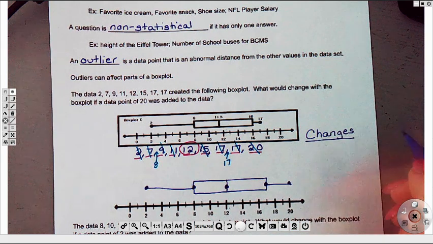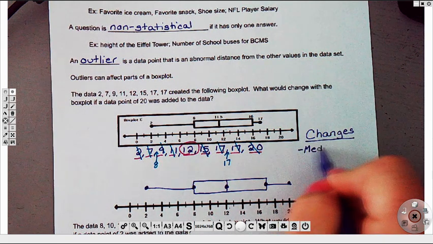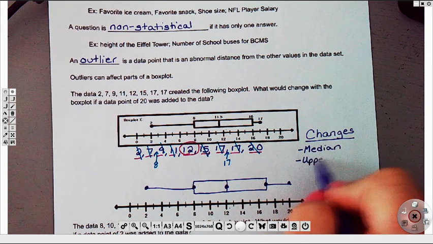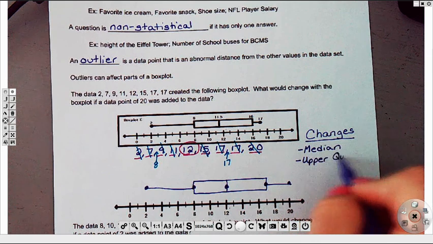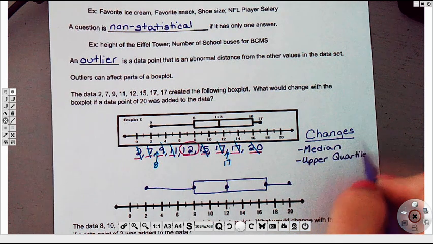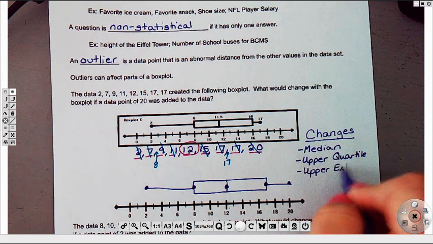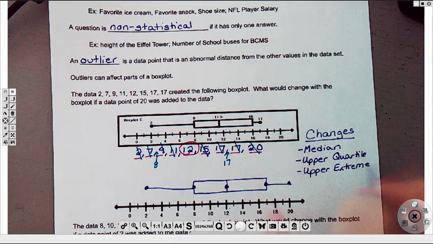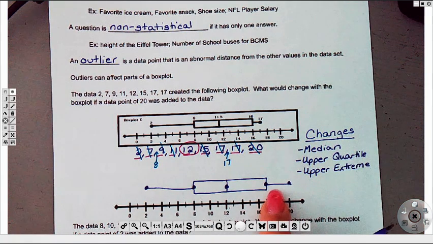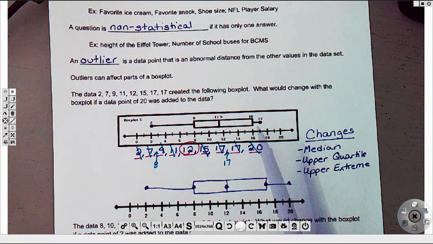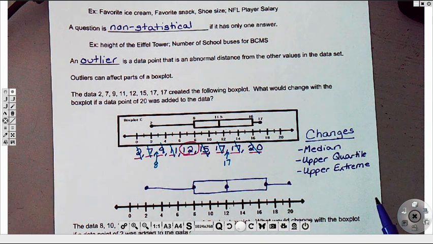In this instance, it changes my median. It also changes my upper quartile. And it also changes my upper extreme. Notice that this right whisker is now longer than what it was. It started being only 1 unit. Now the right whisker has 3 units. So it is stretched out a little bit further.